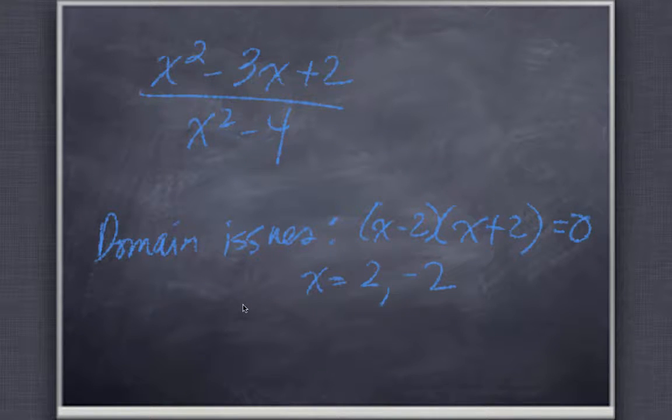But I don't yet know if they're asymptotes or holes. No amount of canceling takes this out of the definition of the function. This is there, so these are issues. I cannot plug in these two values.